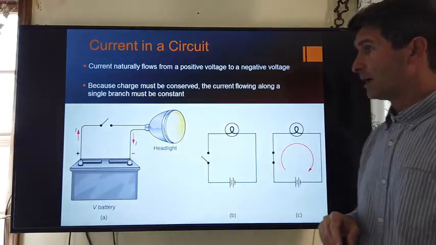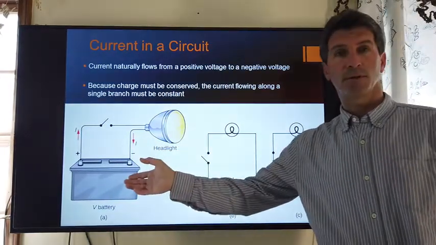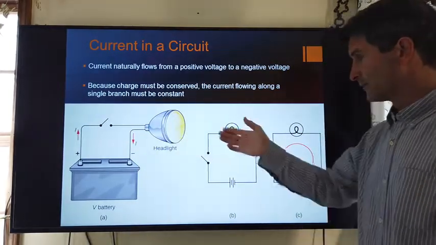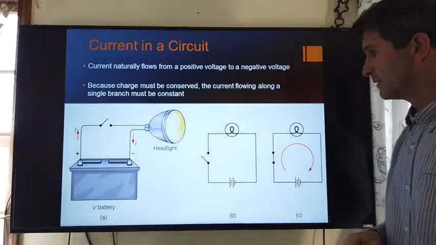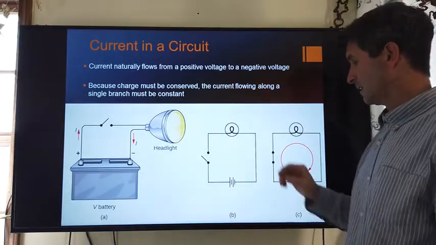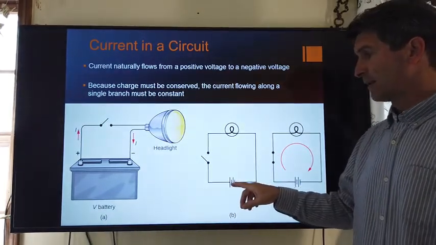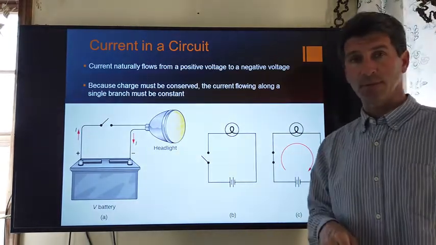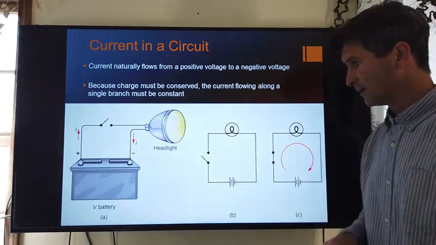Here's an example of a very simple circuit. We have a battery, a switch, and a light. We have a representation of these. Here we have the battery represented by these unequal parallel lines. We have the lamp itself represented by this symbol right here.